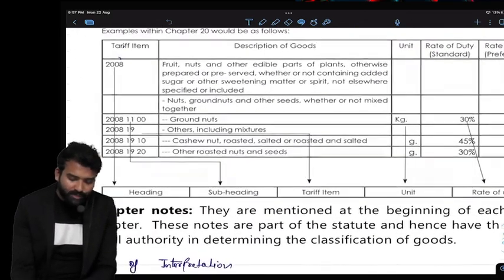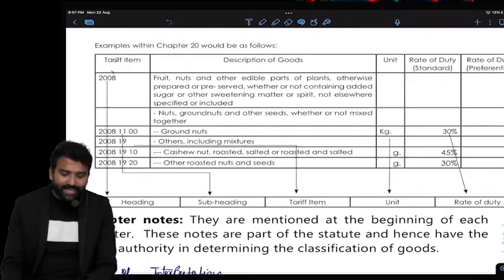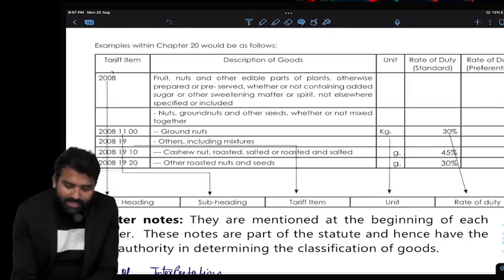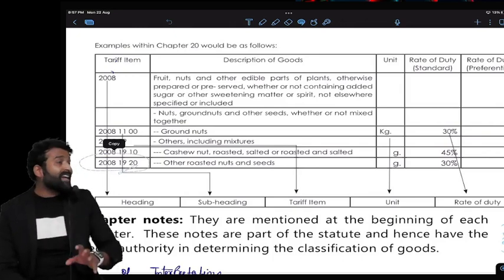How? Listen carefully. Suppose the HSN code of a commodity is 20081920. That is my HSN code of the commodity. Now how can I decode it?